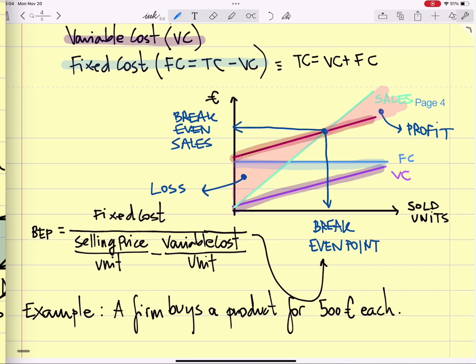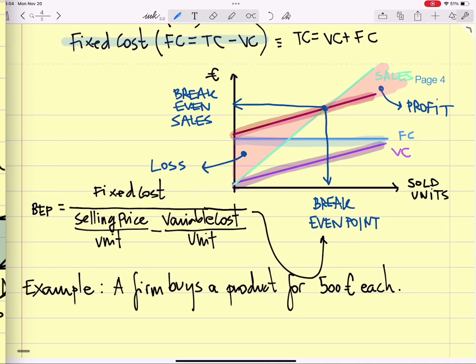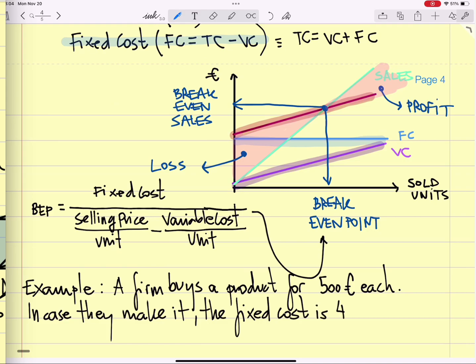In case they make it, the fixed cost is €400,000, and the variable cost is €300 per unit.